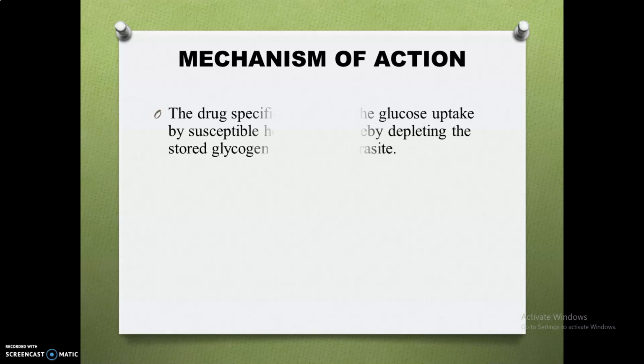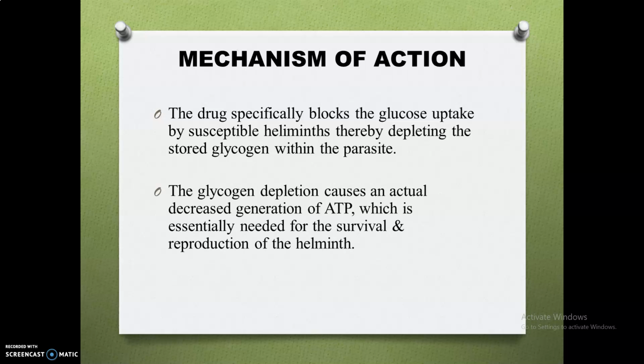Mechanism of action: the drug specifically blocks the glucose uptake by susceptible helminths, thereby depleting the glycogen stored within the parasite. The glycogen depletion causes decreased generation of ATP, that is adenosine triphosphate, which is essentially needed for the survival and reproduction of the helminth. It inhibits the cell division in nematodes.